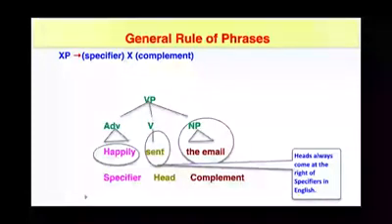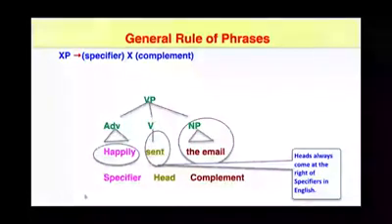Then the head of this verb phrase is the verb, which is sent, and then the email is the NP. It can also be branched into a determiner, which is the, and the noun, which is email.